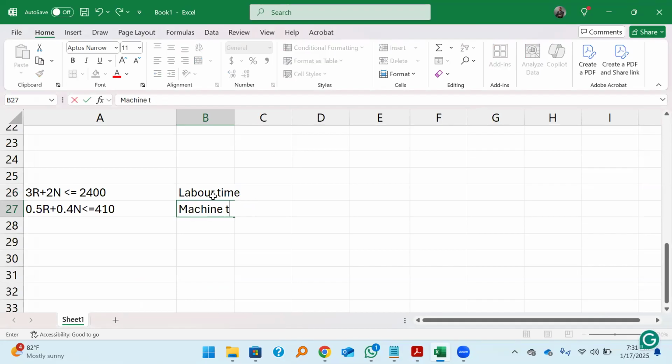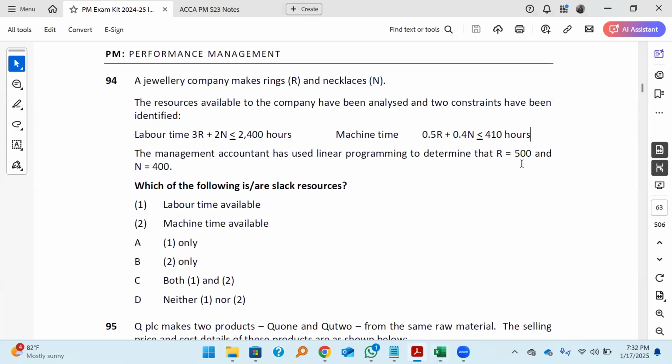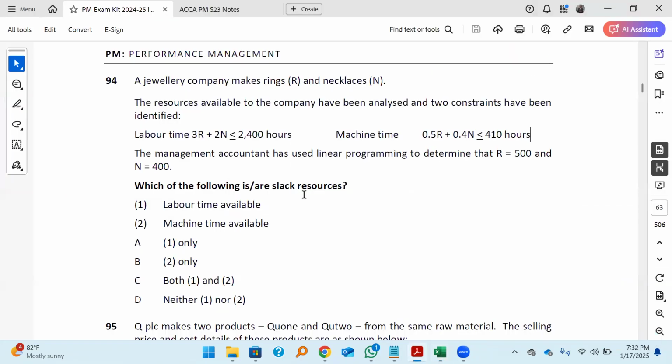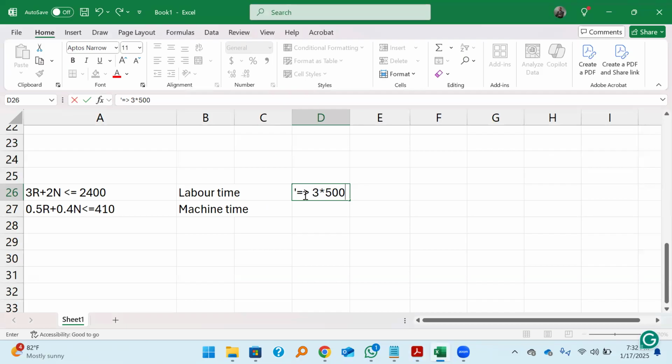To determine if you have slack, you already know that R is 500, N is 400. Therefore, you can calculate 3 multiplied by 500, and then you multiply 2 by 400.